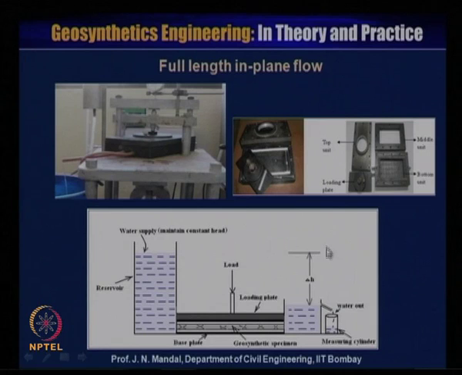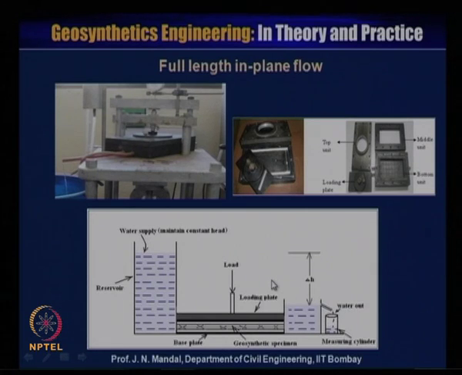So, there will be a head, that is delta H. For a particular constant load, you can measure the quantity of water carried out in a particular time, and then you can apply the next load.